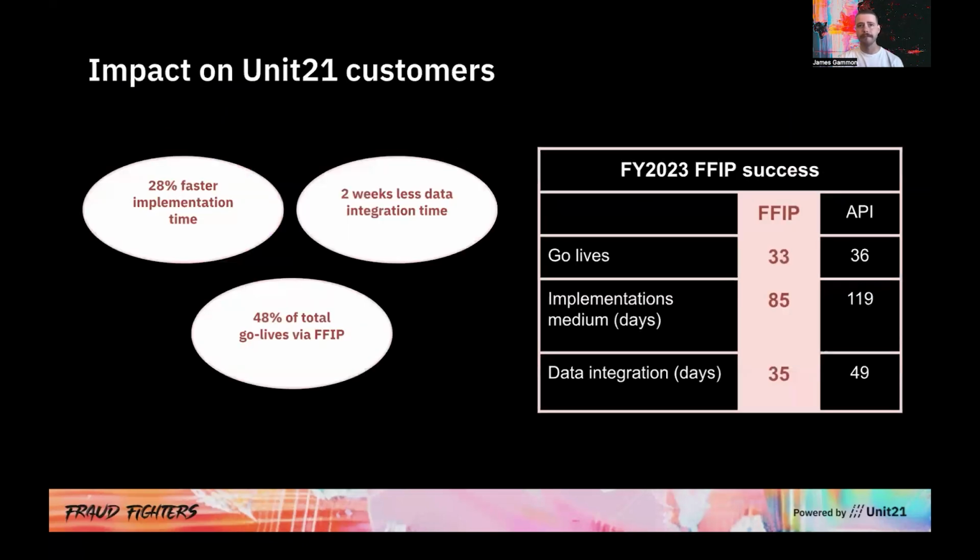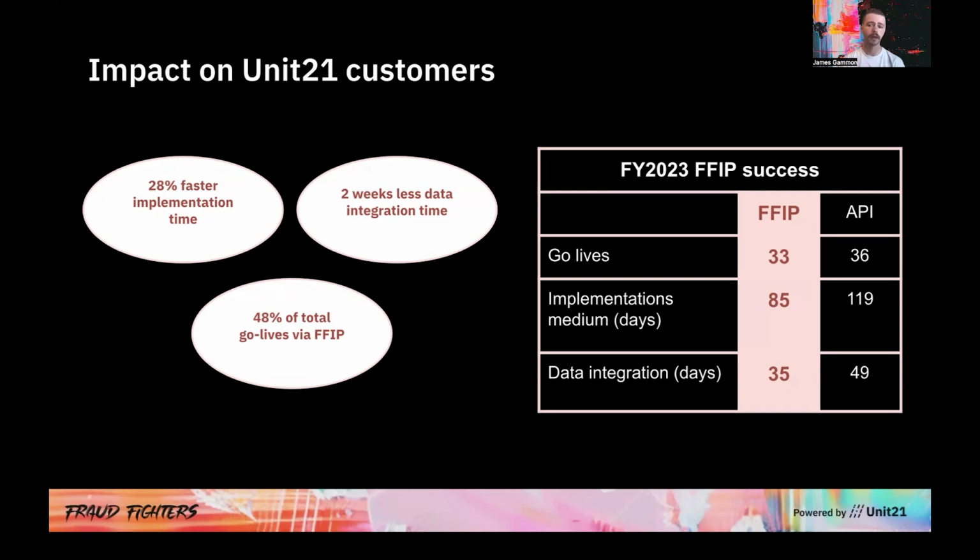Now, again, I'm kind of just talking about these things, but the numbers speak for themselves here. I worked with the implementation team for a while, and I ran a lot of implementations utilizing FFIP. And I will say generally that FFIP has been more efficient, and the results have been in line with the standard API integrations, if not better.